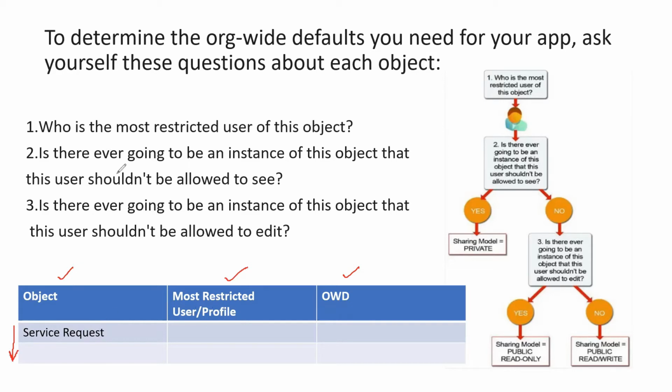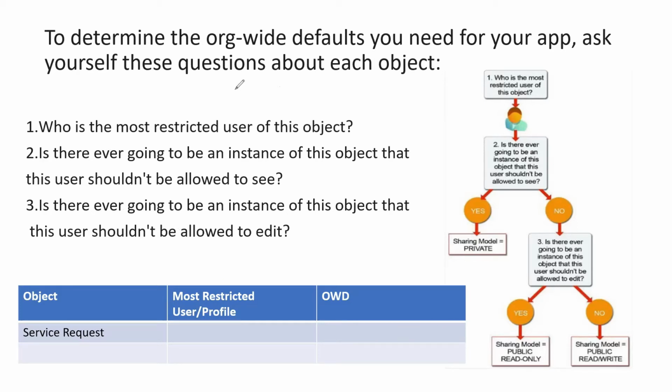I'll pick one object, go through this entire process, and come up with a value for the OWD. It could be private, public read only, or public read write, depending on the answers I get from this flow. Once you have done this exercise, configuring your OWD hardly takes a few clicks.